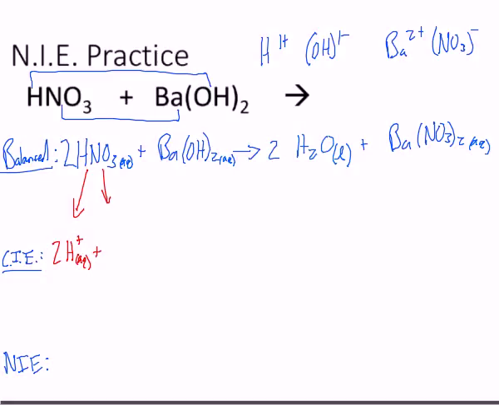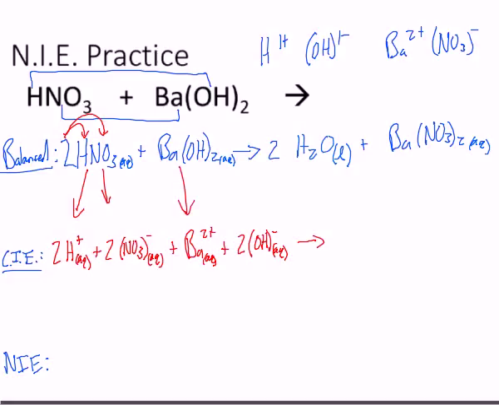Plus what? 2NO3 minus, aqueous. Good. Remember, again, this distributes out. Coefficients do. Plus what? Ba 2 plus, aqueous. Plus what? 2 hydroxide ions, aqueous.